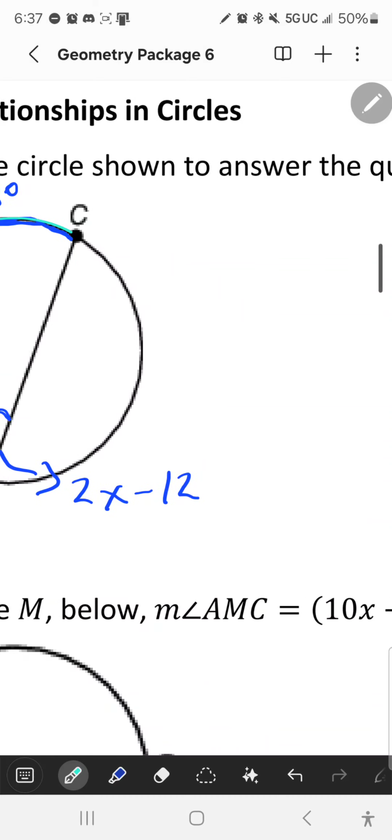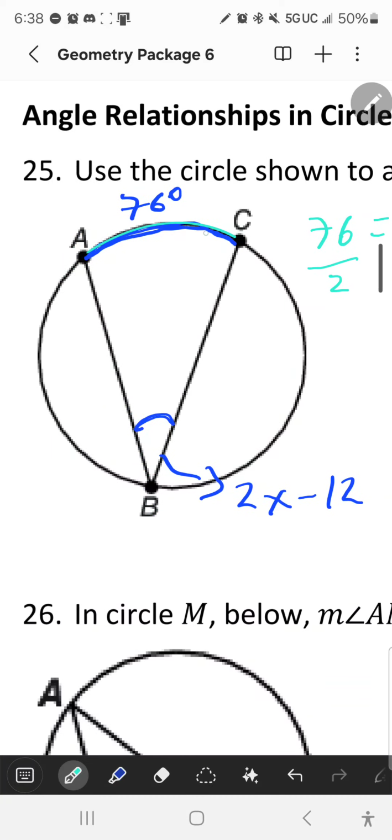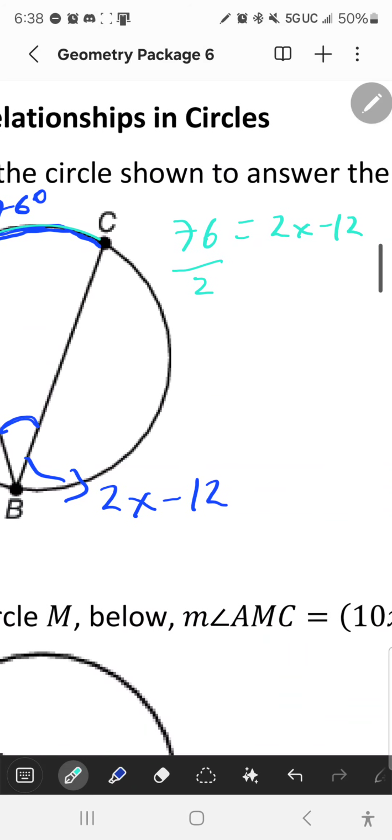So I can say that 76 degrees is going to be equal to twice 2x minus 12, or just 76 divided by 2 is going to be equal to x minus 12, because this is twice the angle, or this is half that, it doesn't matter.